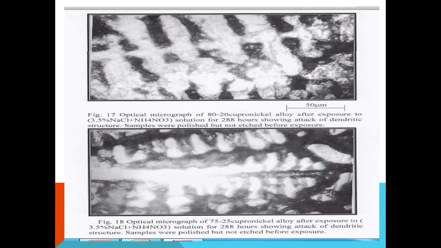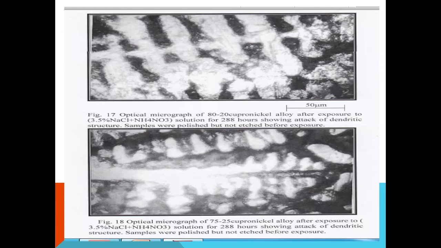Figure 17, optical micrograph of 80-20 copper-nickel alloy after exposure to 3.5% NaCl plus NH4NO3 solution for 288 hours, showing attack of dendritic structure. Samples were polished but not etched before exposure.